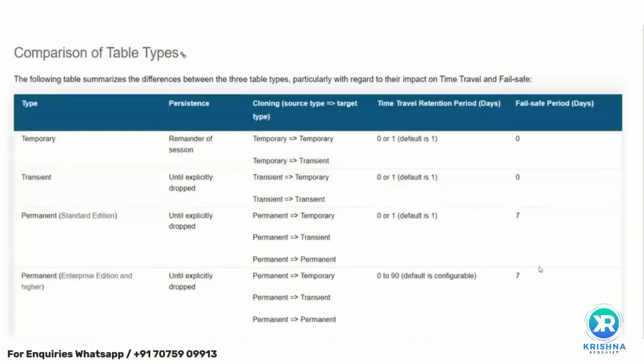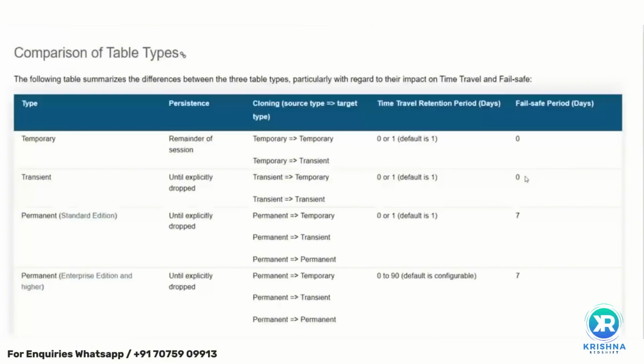It's not dependent on the edition. If it is a permanent table, in every edition, it's 1 week. But for temporary and transient, failsafe is 0.